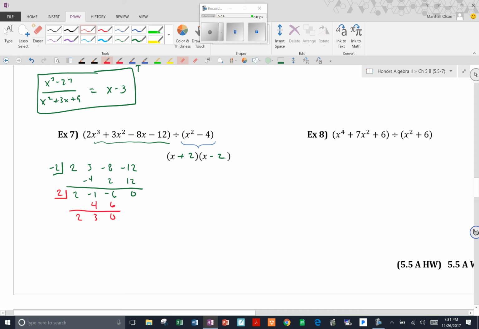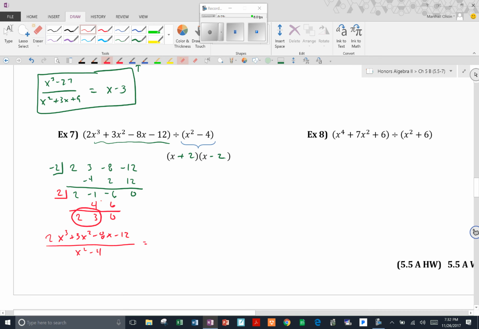So here's what we just found out. There's no remainder. That 2x cubed plus 3x squared minus 8x minus 12 divided by is simply that guy right there.